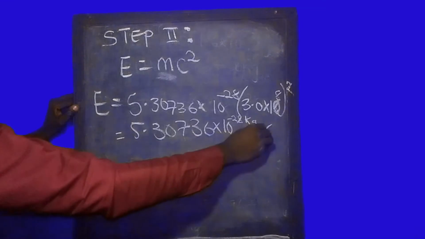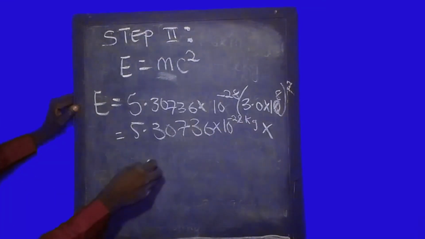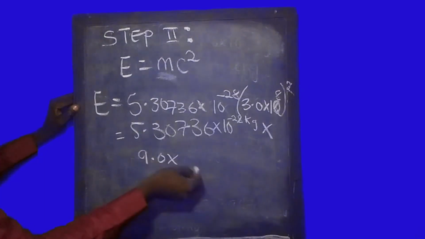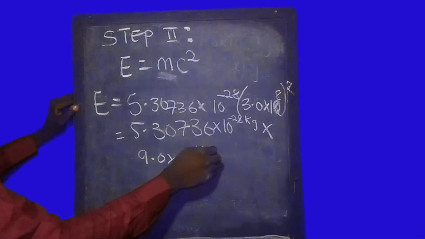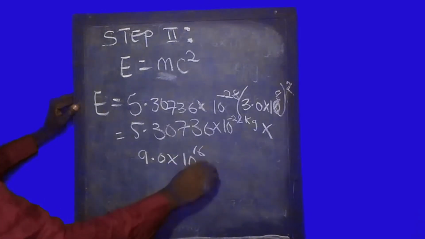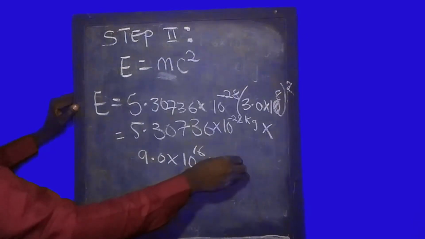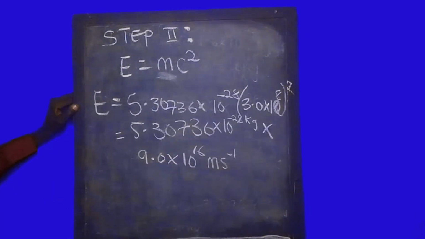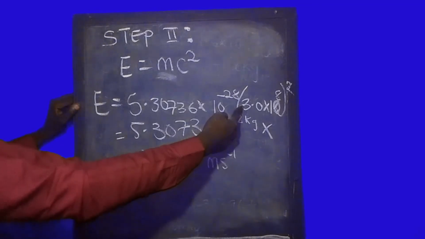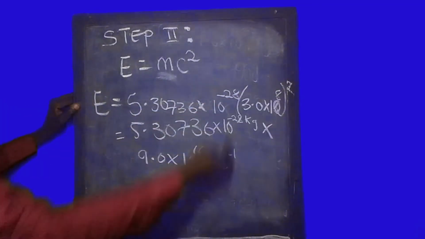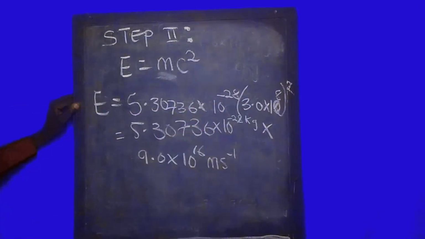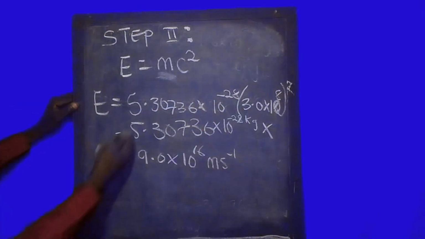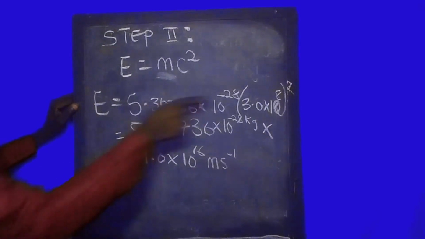Then multiplied by 9.0 × 10^16 meters per second. If you multiply this 3 by this 3, you are going to have 9, and if you multiply this exponent by 2, then definitely you are having 10^16. So what remains is to multiply them as they are.